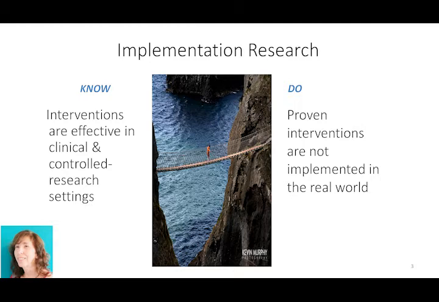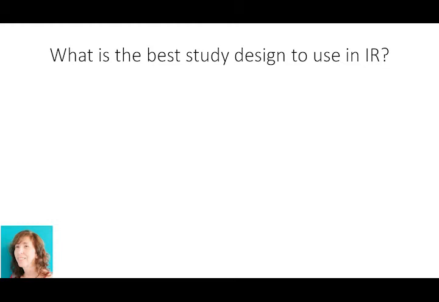And one question which is very important is, what is the best study design to use in implementation research? There is not a unique answer here because it depends on several factors, but the most important factor is definitely the research question.